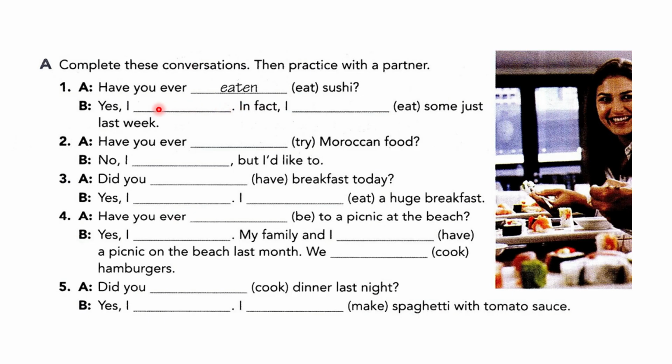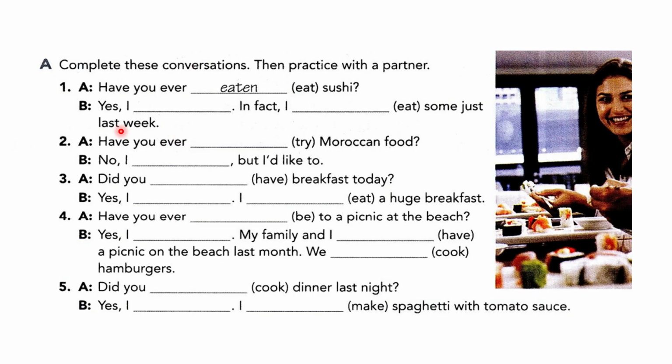As you can see, guys, the answer here is with have because the question is in present perfect. But after the period, we have a different tense. We don't use present perfect again. Why? Because we're talking about something that happened last week.